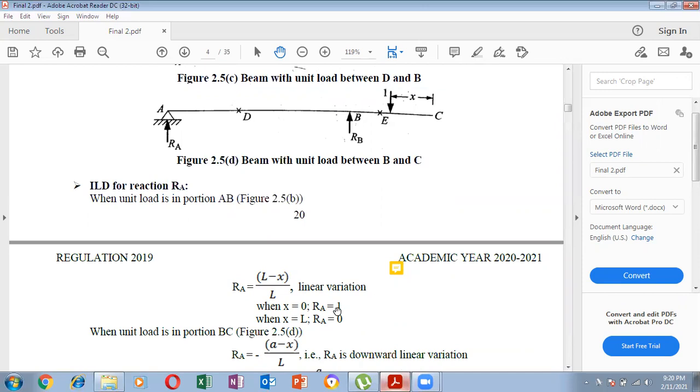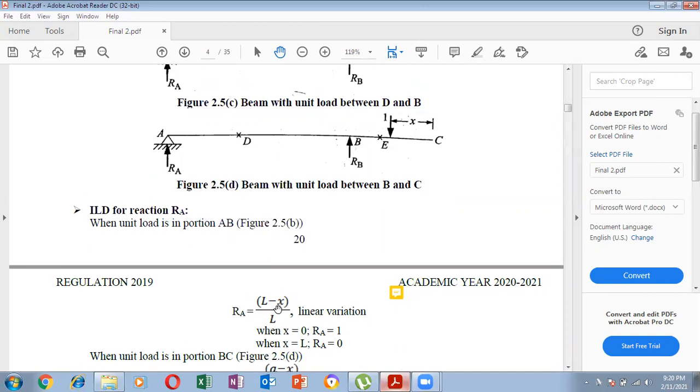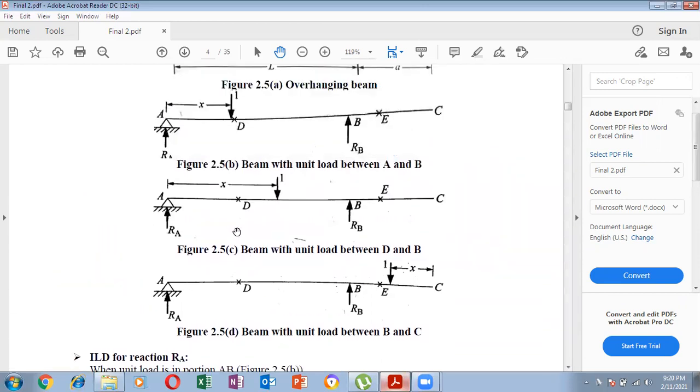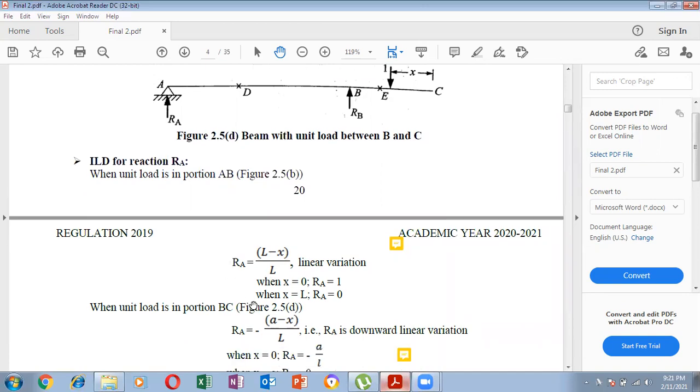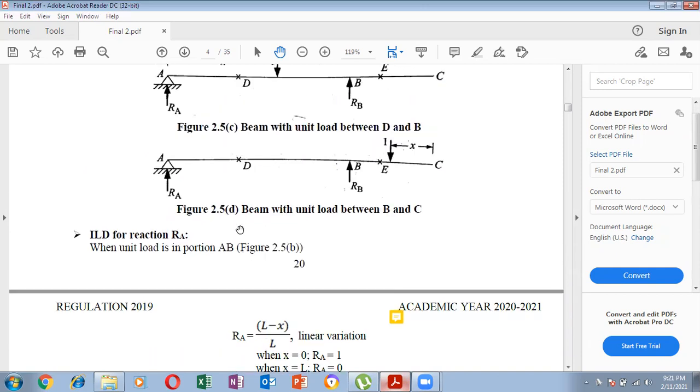So RA is equal to 1. The next boundary condition is X equal to L, that is up to A to B. When X is equal to L, L minus L divided by L becomes 0. So this is for the condition when the unit load is in portion AB.